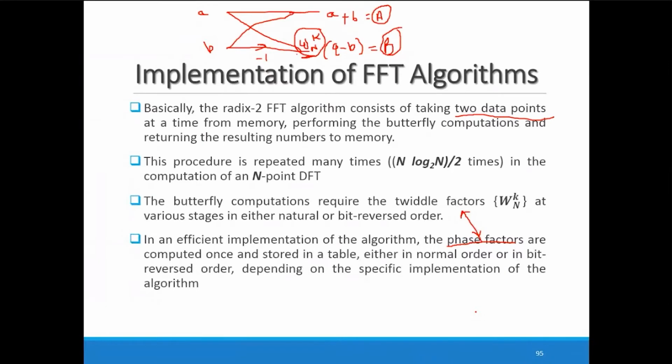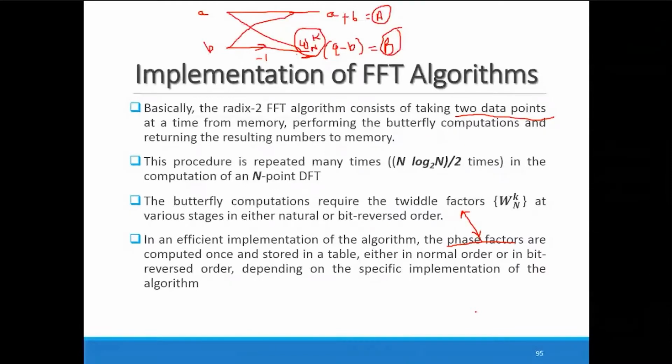So we compute all the twiddle factors together and store them in a table, either in normal order or in bit reverse order, depending on the specific implementation of the algorithm.